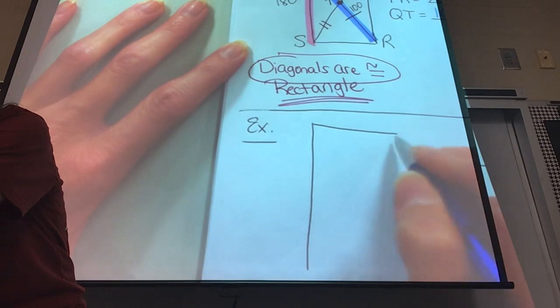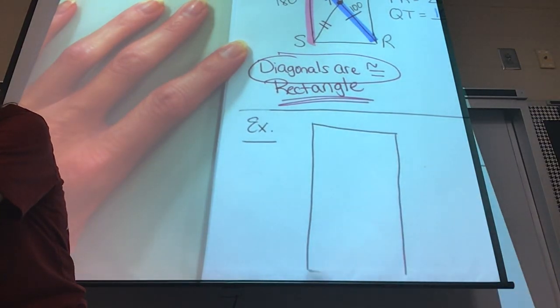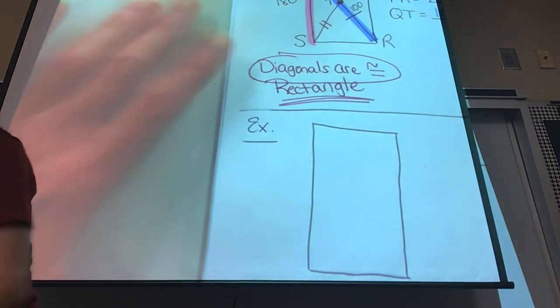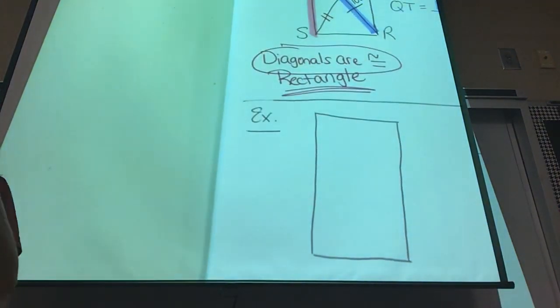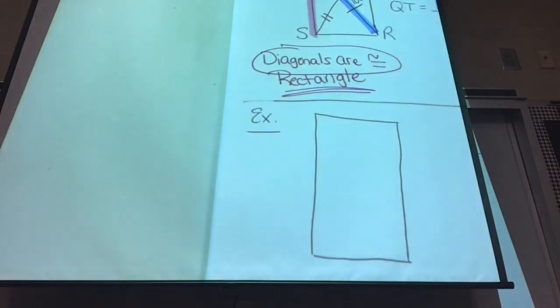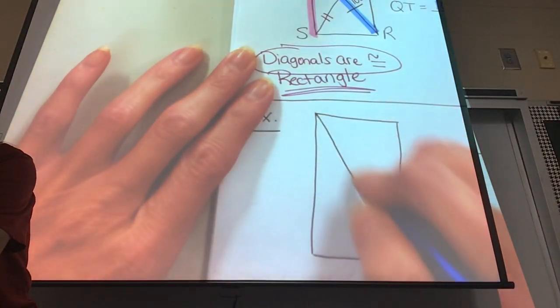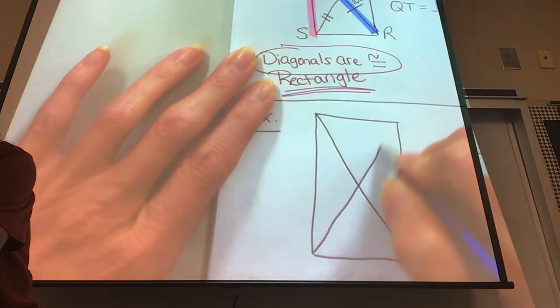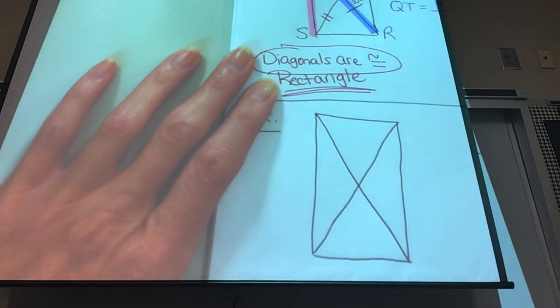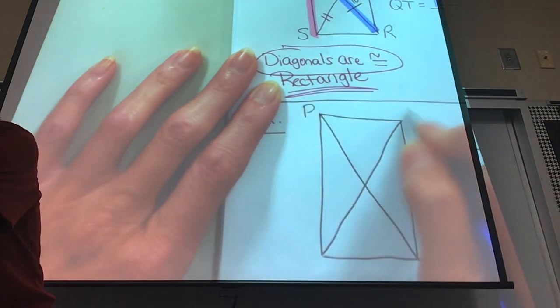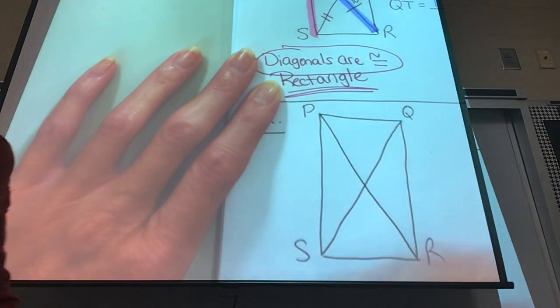So we've got another rectangle, so draw another rectangle. Draw some more diagonals. So technically we're using the exact same problem, we're just looking for something different. So we've got P, Q, R, and S again.